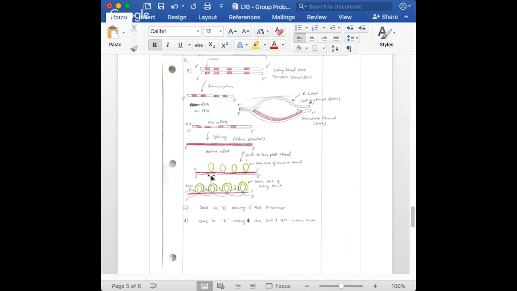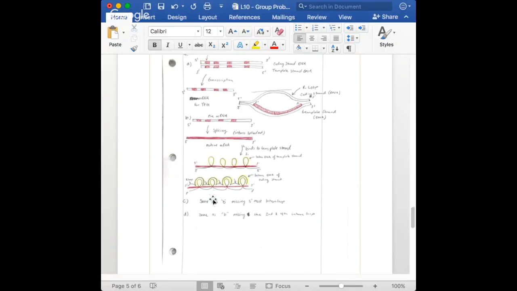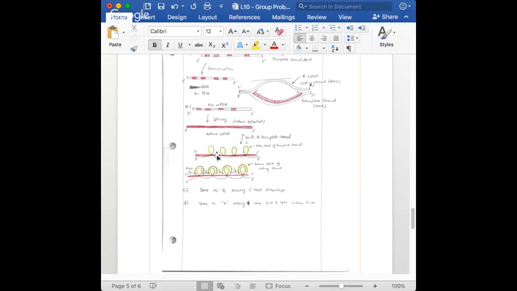Now, because we spliced out the intron sections of the mRNA here, you're going to find these intron DNA loops of the template strand. They're going to make these little bunny ears. And we've got 4 of them spliced out, so you'll form 4 of these. Notice that the mRNA strand is going from 5' to 3', binding with the template strand, which is 3' to 5'.